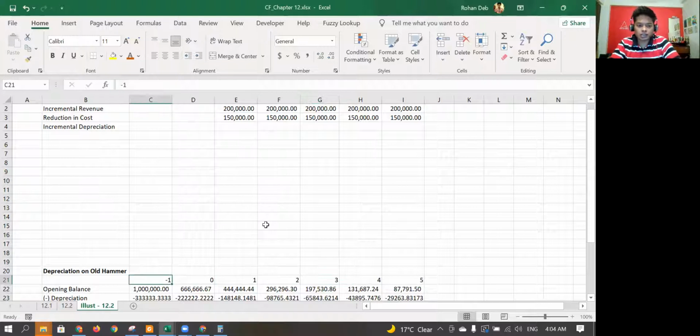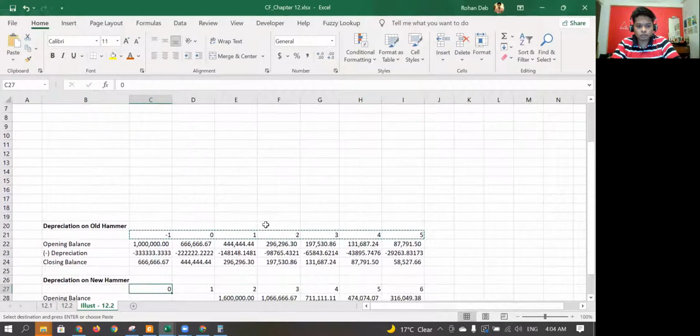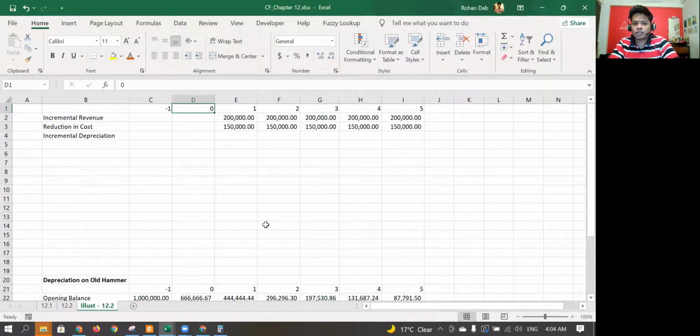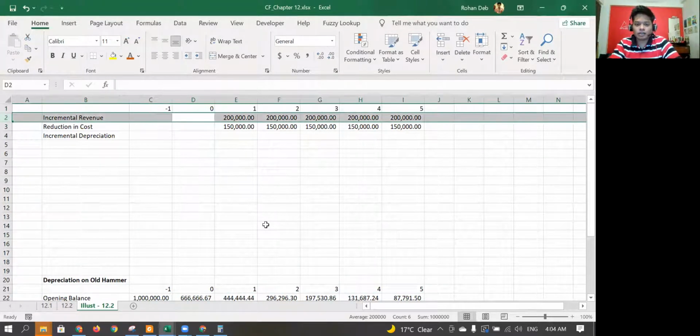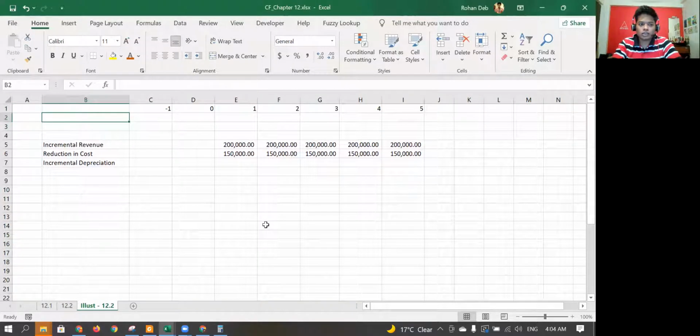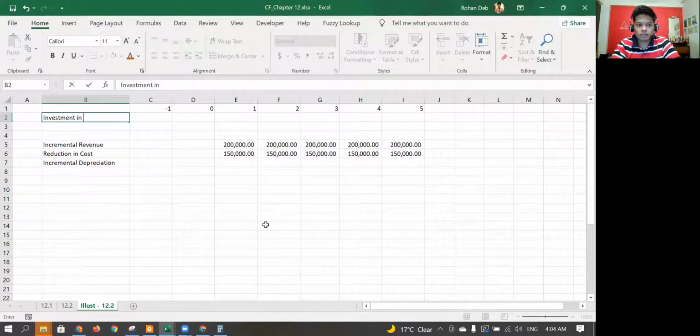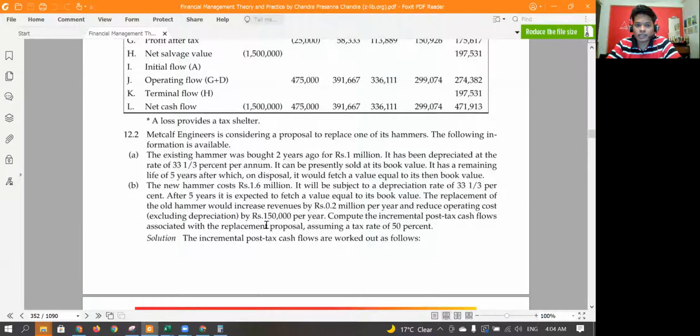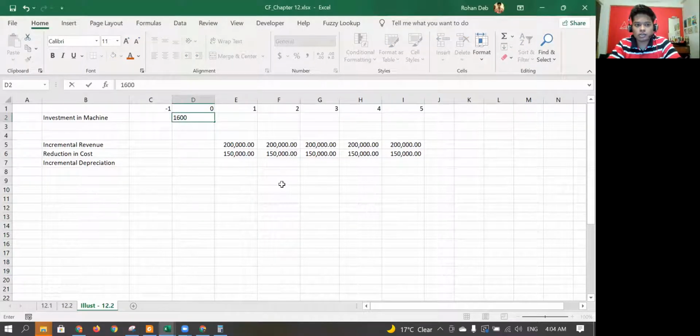That way it's easier to understand, because we are standing currently in year 0 and we have a cash outlay. So investment in machine. How much would you invest in that machine? 1.6 million.